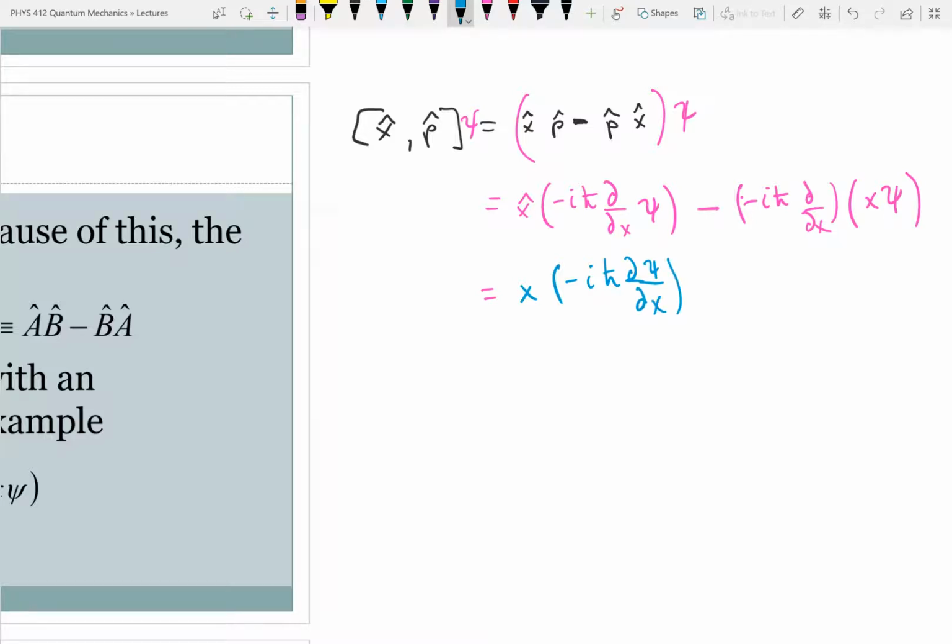Now the right one, we're going to have to use the product rule. It's a minus and a minus, so I'm going to use the plus sign, and it's going to be plus i h bar. Using the product rule, the derivative of x psi is just psi plus x d psi dx.